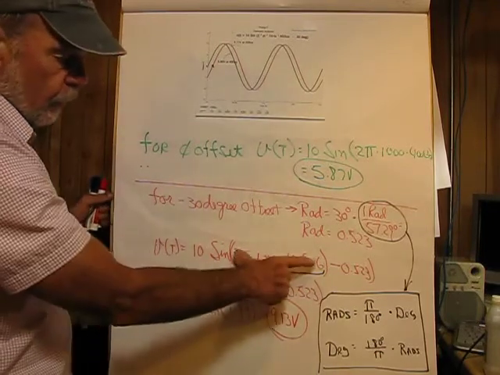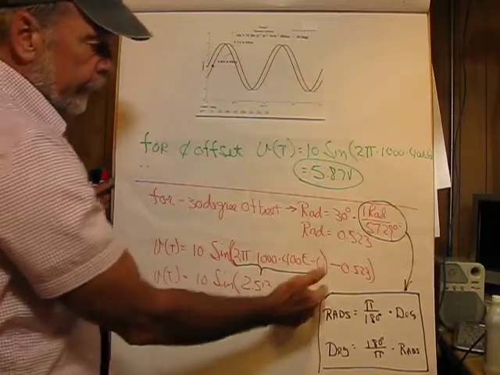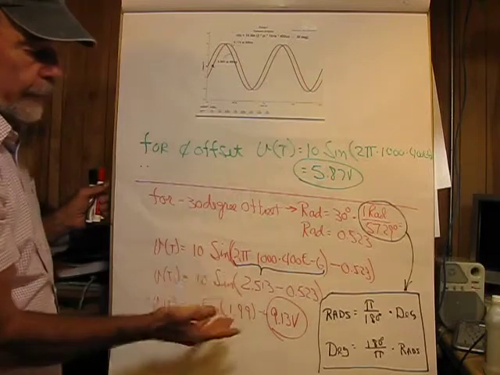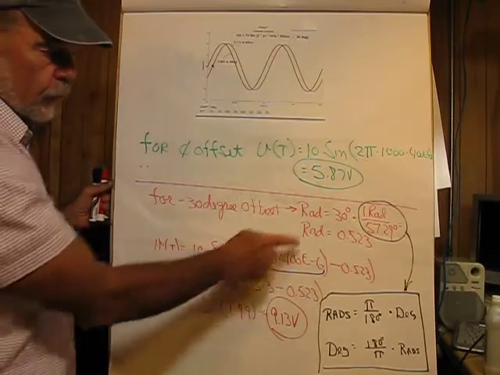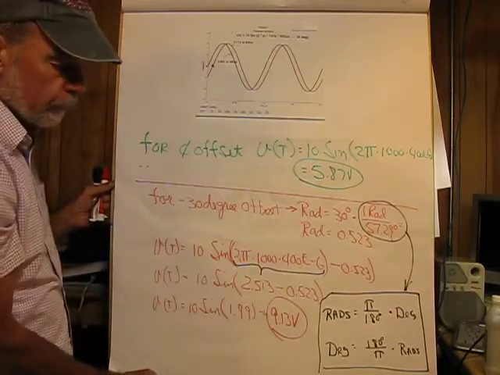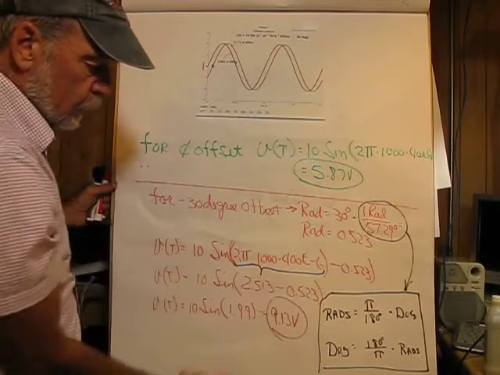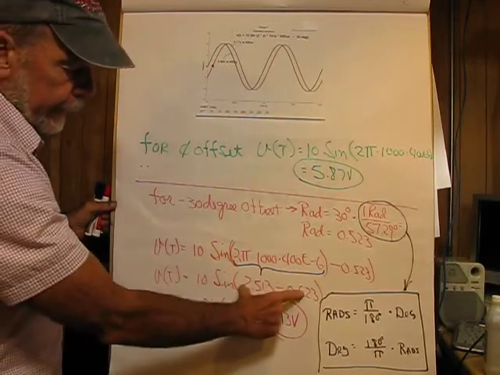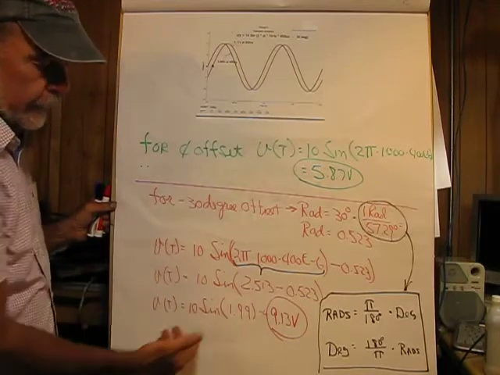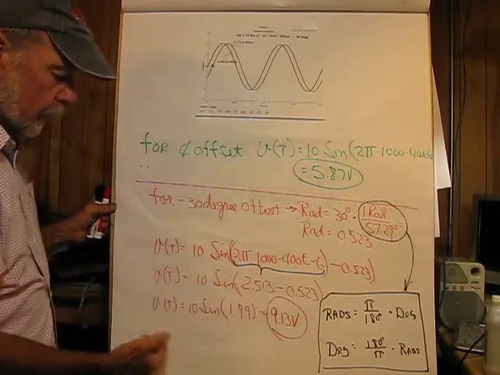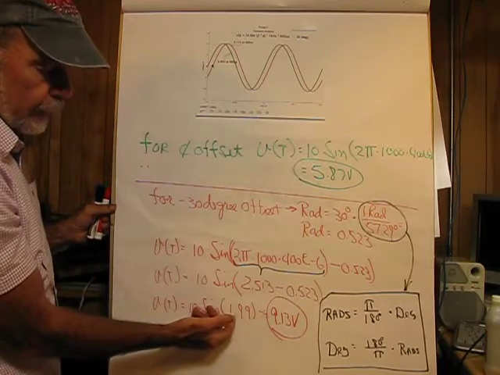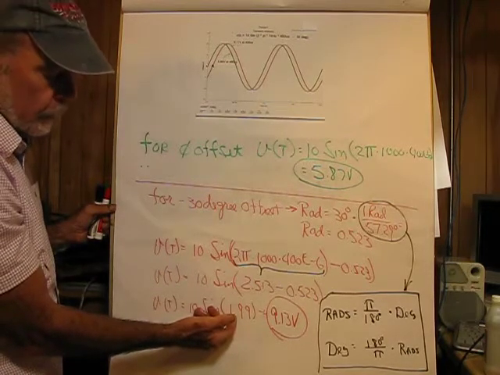So that's this part, and then since this is arriving late, I'm going to subtract the radian measure which associates with 30 degrees, minus 0.523, and then algebraically adding them, actually subtracting this from this, we end up with the argument for the sine wave is 1.99 rads.